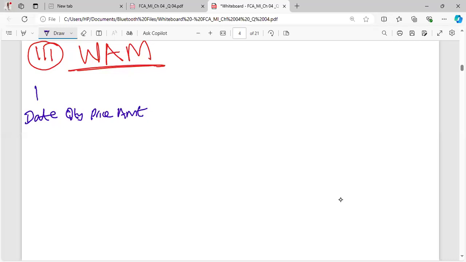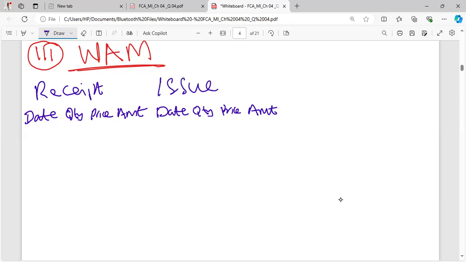So this is receipt. Then we have another date here: quantity, price, and amount. This is issue. Then we have quantity, price, and amount. This is our balance.